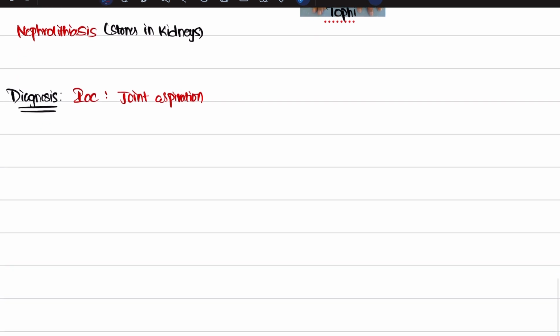Here you count the cells. Whenever there is inflammation, the cell count increases. The inflammatory cells increase, which leads to hypercellular fluid. You can see here, hypercellular fluid, which is turbid in nature.